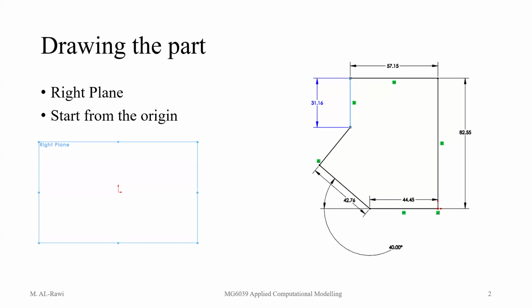I prefer always to dimension and not close the sketch. So every time you sketch a line, dimension it, but don't close the sketch. Just sketch line, dimension, sketch line, dimension, all under one sketch.